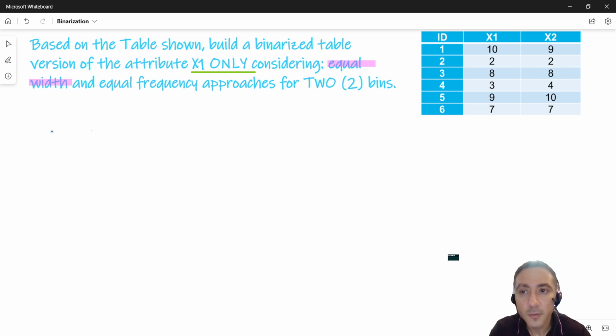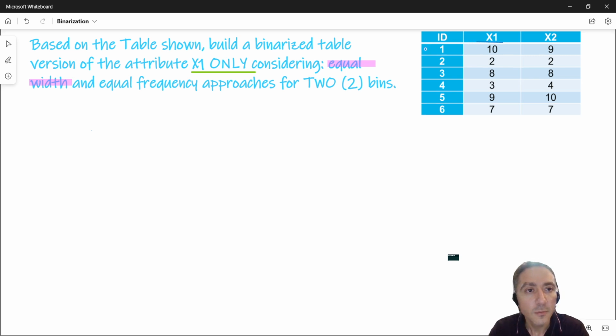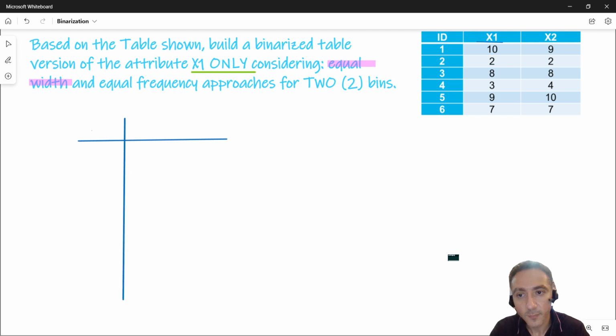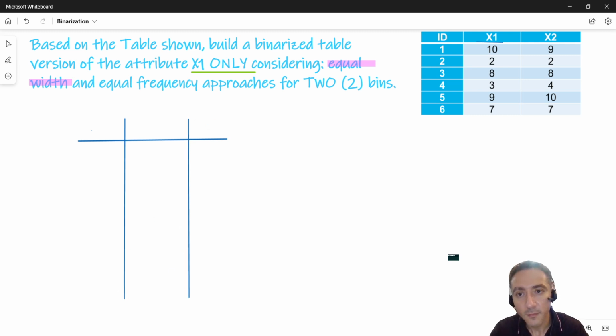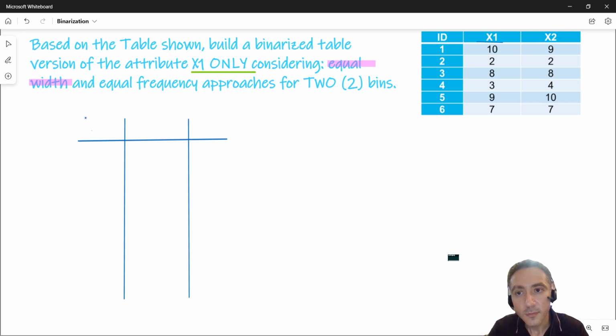A very simple way. So let's start looking into how to represent x1. Again, we are looking only at x1. Here is the ID, and now we're looking for the range.